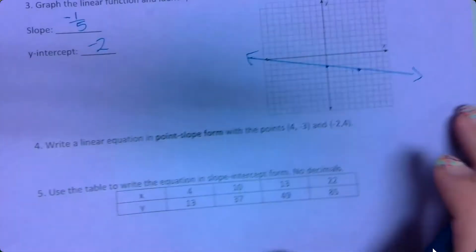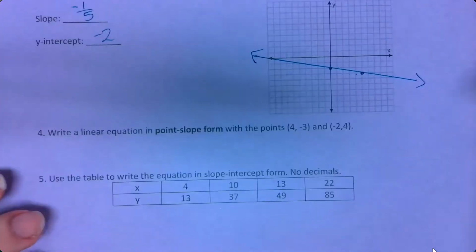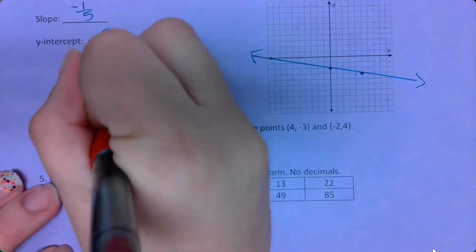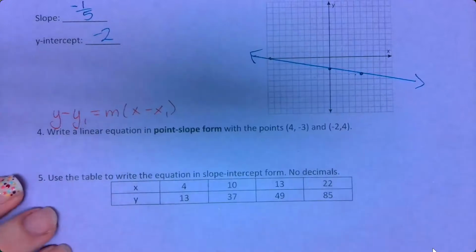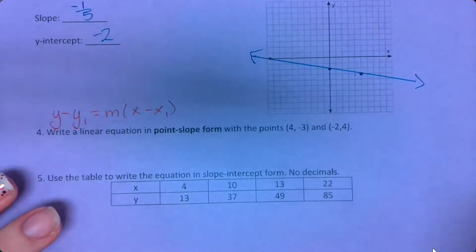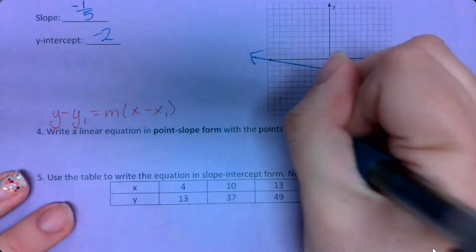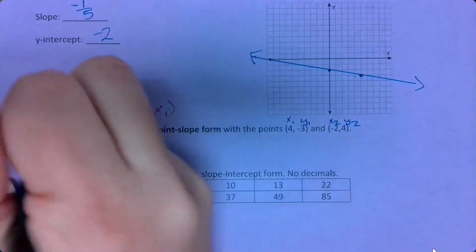My next question wants me to write a linear equation in point slope form, given these points. So point slope form is y minus y sub 1 equals m times x minus x sub 1. So first thing I need to do for this is find my slope because I'm given 2 points. So this is going to be my x1, y1, x2, y2. Then I want to go ahead and plug into the slope formula.